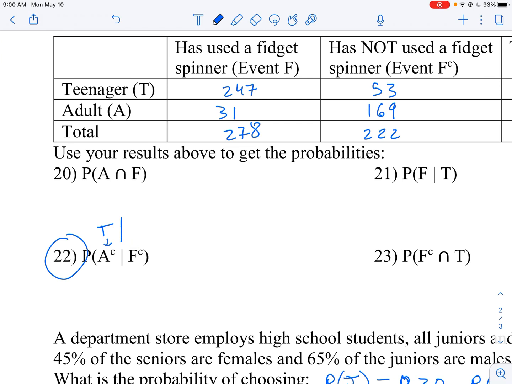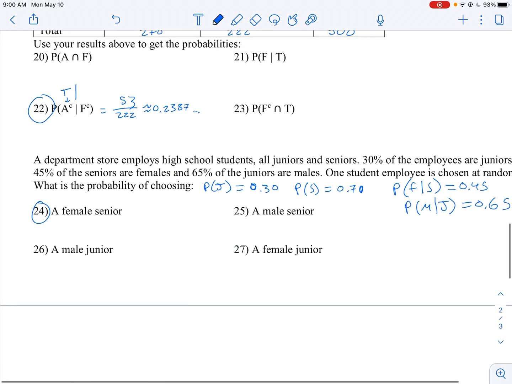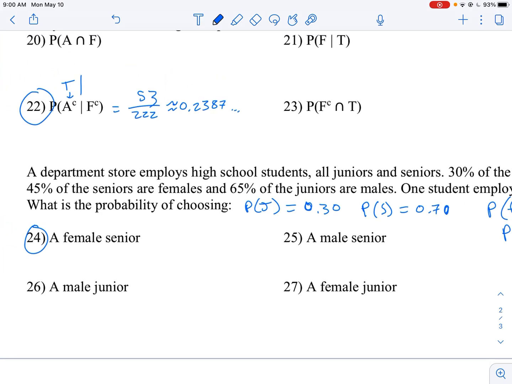So teenager has not used a fidget spinner. Those who have not used a fidget spinner is 222, and those that are teenagers is 53. Ta-da, that'd be the whole thing. And you can get a decimal approximation for that, which is about 0.2387.